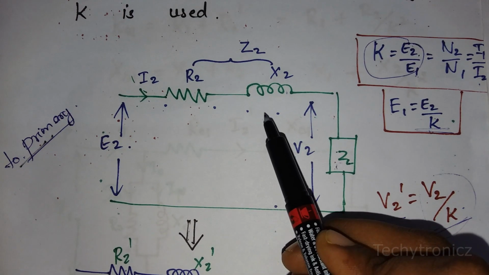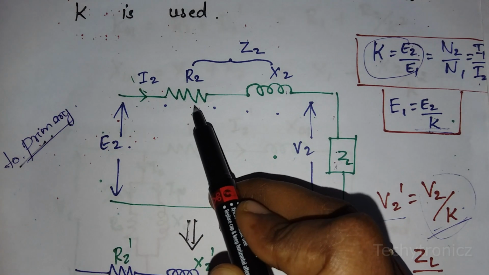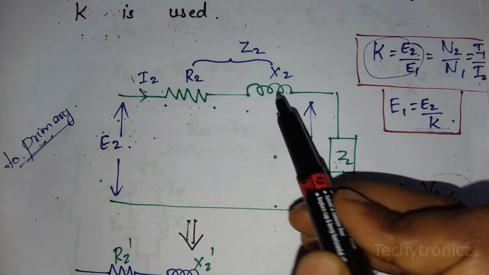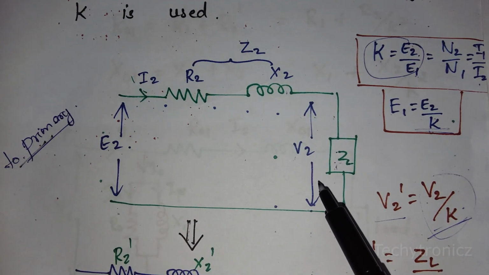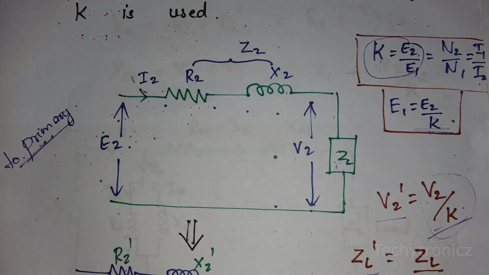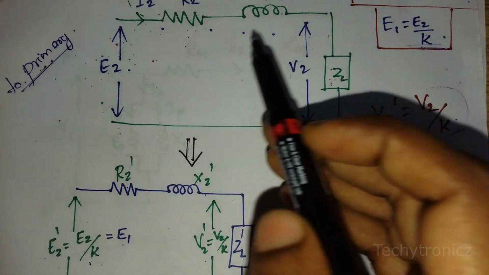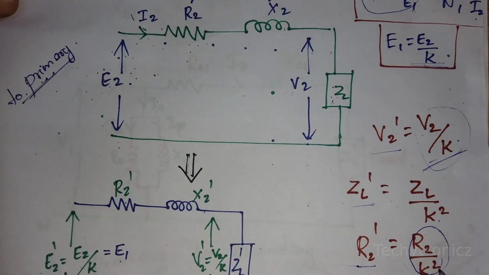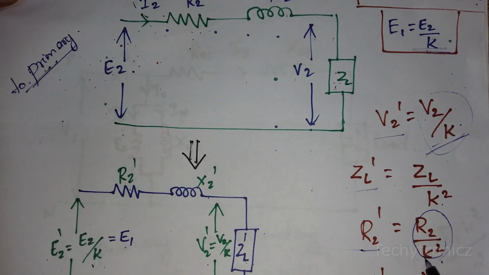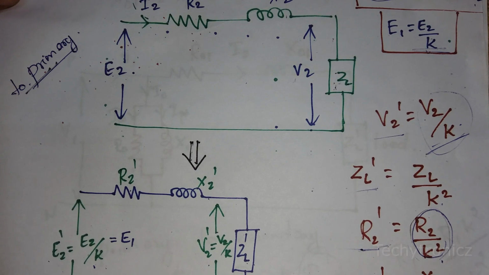If we want to transfer these secondary components to the primary, what is the condition? We have to divide the resistance and reactance by K square, and the voltage and current we have to divide by K. First, we take the R2 component: R2 divided by K square, which we consider as R2 dash.